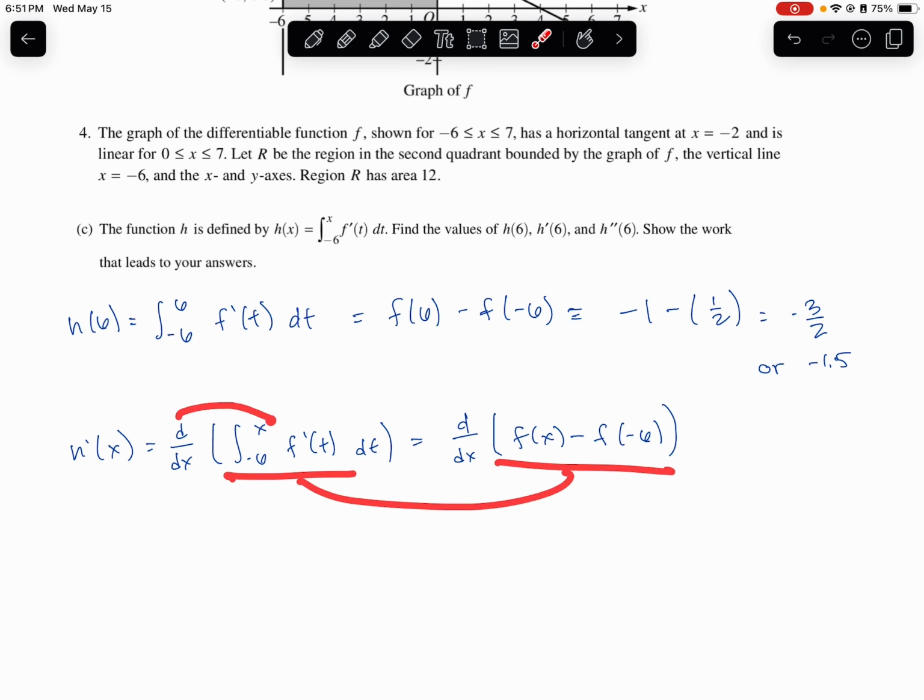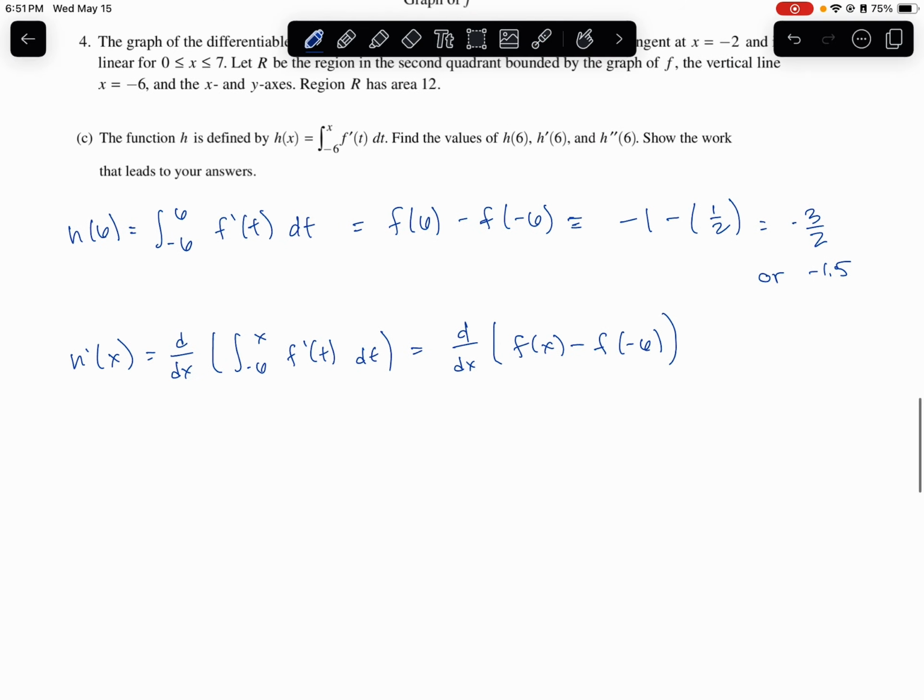I haven't taken the derivative of it yet, but if I do take the derivative now, the derivative of f of x would just be f prime of x, and the derivative of this right here, since this is a constant, would just be 0. So from doing that, I know that h prime of x is equal to f prime of x.